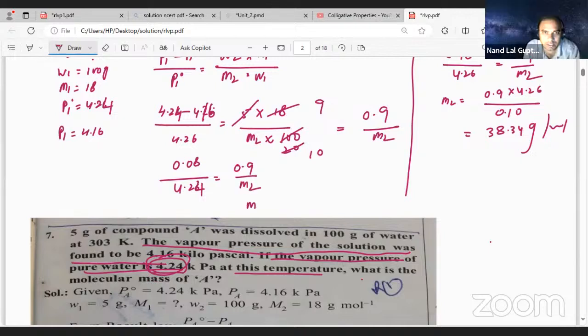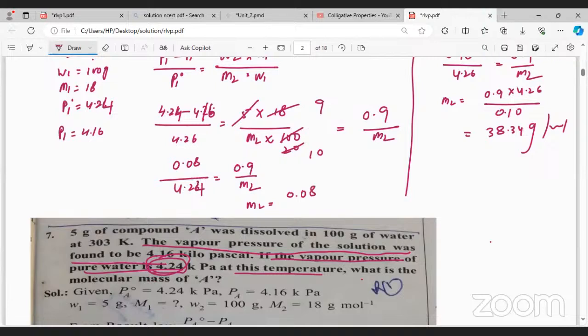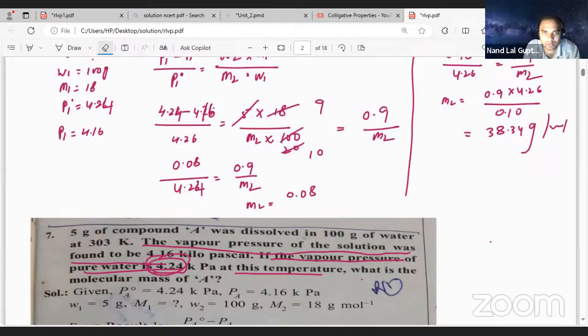So M2 is equal to 4.24 multiplied by 0.9 divided by 0.08. That gives 47.8 gram per mole.